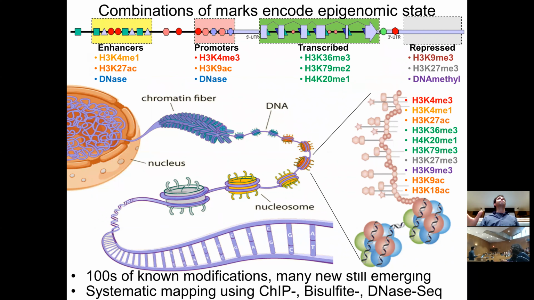Everybody cool with that? So for DNA accessibility, what you can do is chop up the DNA based on a protein that will digest open chromatin regions, and then you just sequence the ends of the fragments that were digested, and that will tell you where the open chromatin regions were. Who's with me on this one? Great, awesome. So that's for DNA methylation and for DNA accessibility.